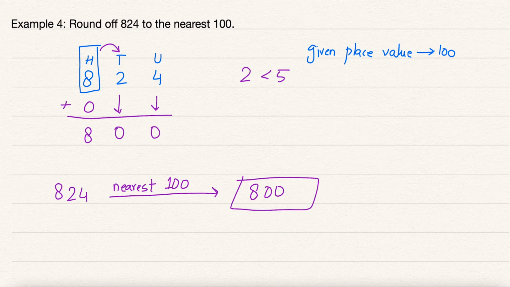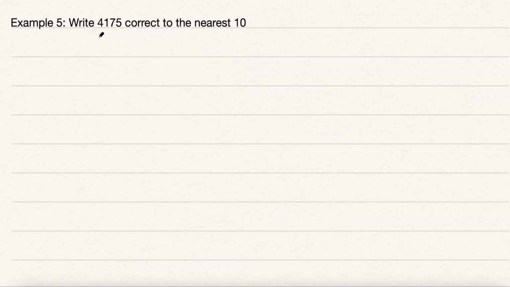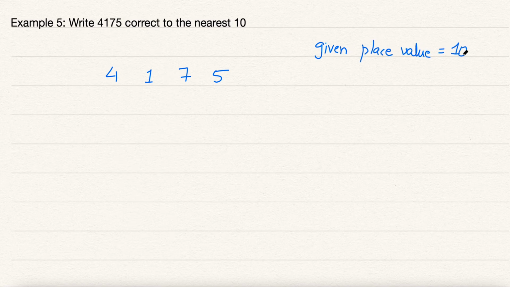Now let's look at another example. In this example, you need to round off the number 4175 correct to the nearest 10. So the given place value is 10. Now mark place values. This is unit, 10, 100, and 1000. Since the given place value is 10, your focus should be on the tens digit.